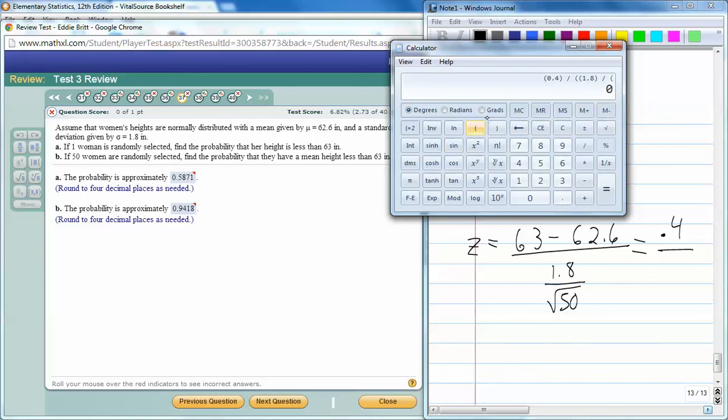I'll put that in parentheses. Parentheses, 50, square root, close parentheses, equals. So you see, it is very tricky if you want to put it all in at once.